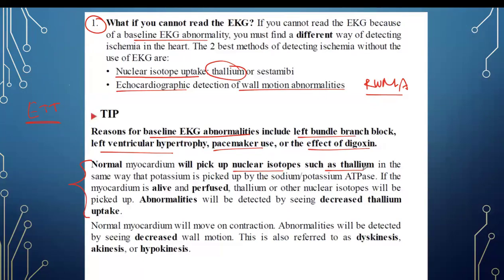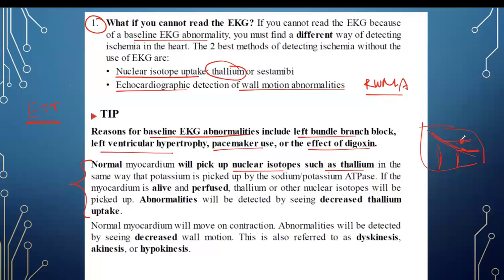The cardiac muscle which is well perfused and getting a reasonable amount of blood supply from the coronary artery will have homogeneous uptake of this nuclear isotope. Again, if your heart is getting blood supply, then this dye or isotope will be absorbed by the cardiac muscle everywhere.